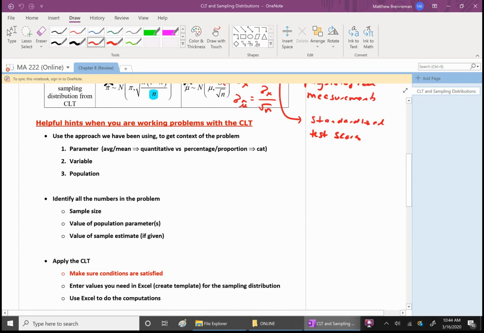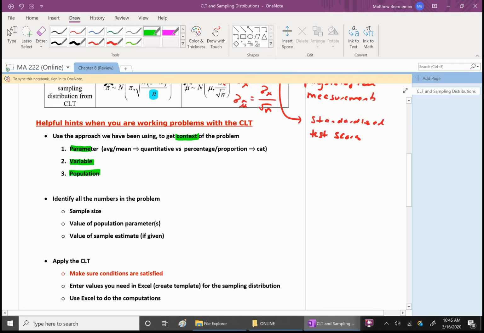Some helpful hints when you're working on problems with the central limit theorem. First of all, use what we learned way back in chapter 2. When you start these problems, try to understand the context, which means that you want to take this problem apart, and first you want to identify what the parameter is, then the variable, and then the population.